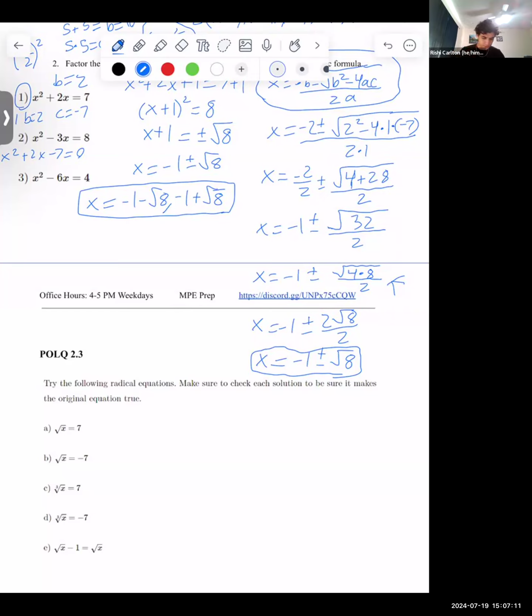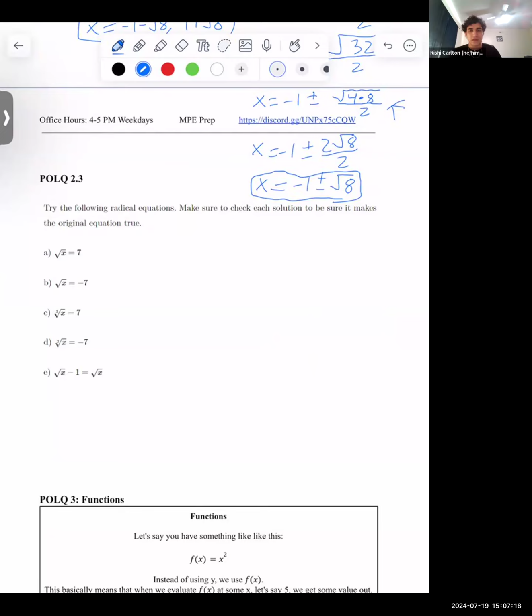So real quick, I'm just going to go through PolyQ 2.3, and then I think we'll be able to hand it off to Nick. And then Nick, are we thinking breakout room somewhere in your section? You want to do it in between? What are your thoughts? Or do we want to do no breakout room for today? I don't know if we need to do a breakout room.